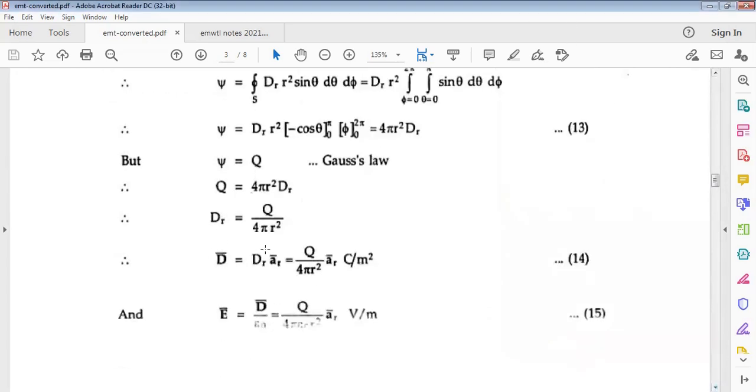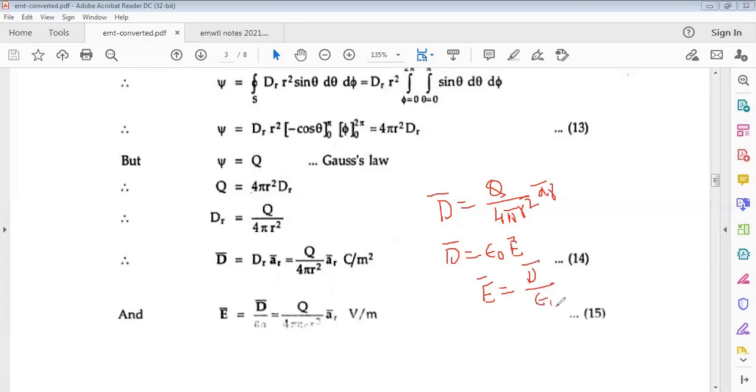Then D̄ is, we assume D̄ is in the r̄ direction, D_r into r̄. So D̄ is equal to Q by 4π r² into r̄. Now the relation between the electric field intensity and electric flux density is D̄ equal to ε₀ Ē. So Ē is equal to D̄ by ε₀.